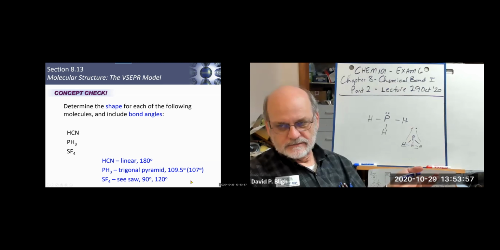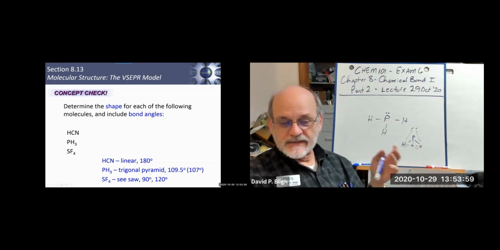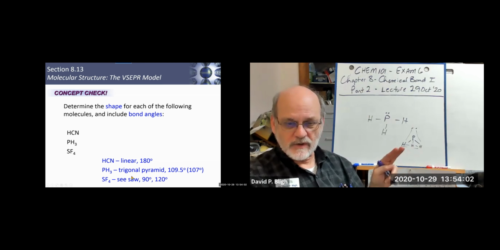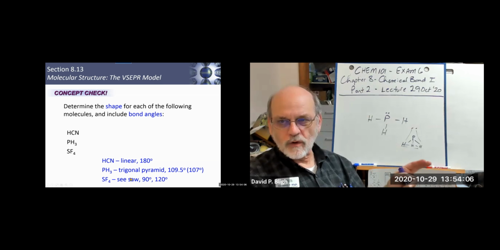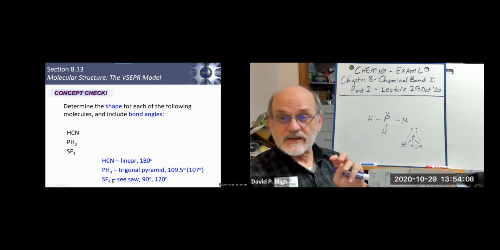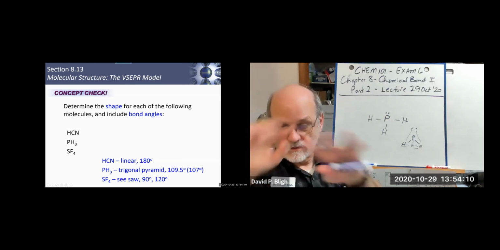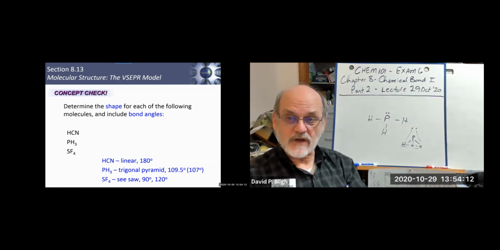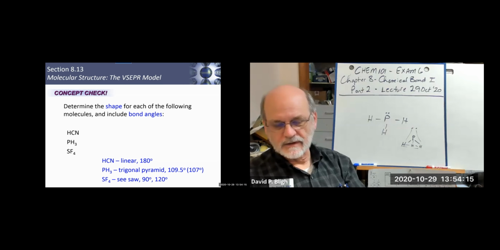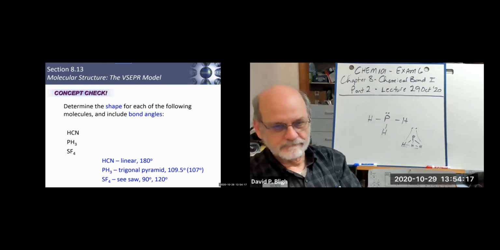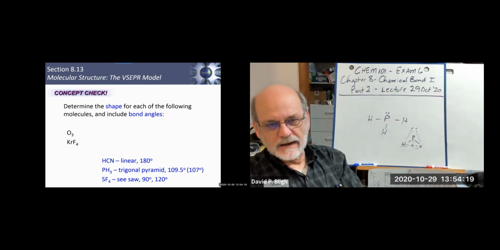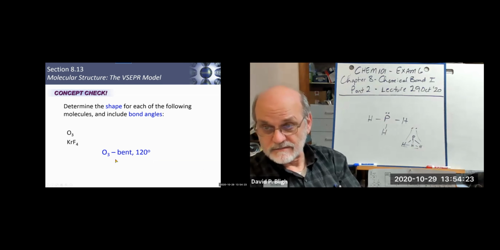Sulfur tetrafluoride. In this case, sulfur has 2 lone pairs around it. So 2 lone pairs and 4 fluorines gives you 6 groups arranged. And 6 groups means octahedron. We'll look at that in detail in just a minute. Here we have ozone, O3.